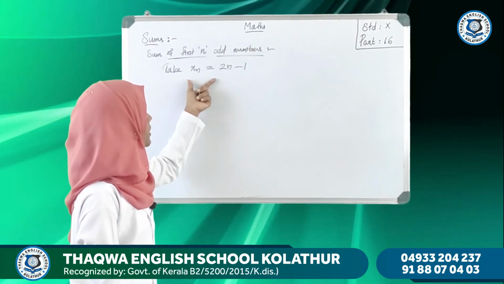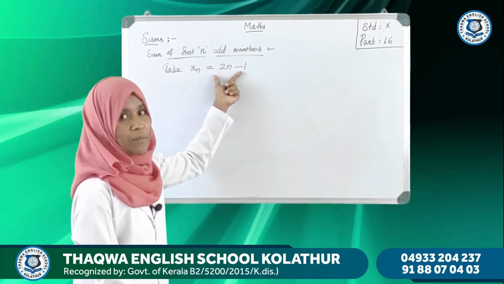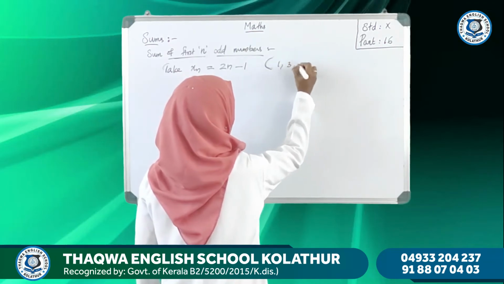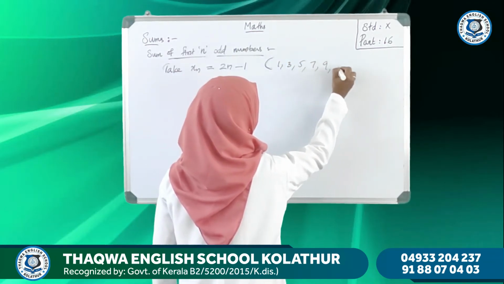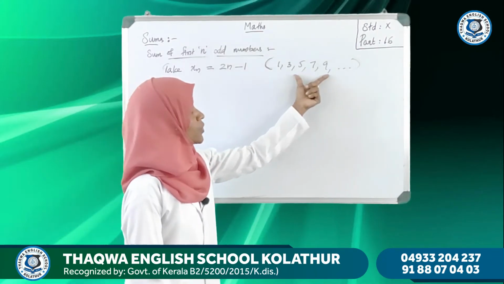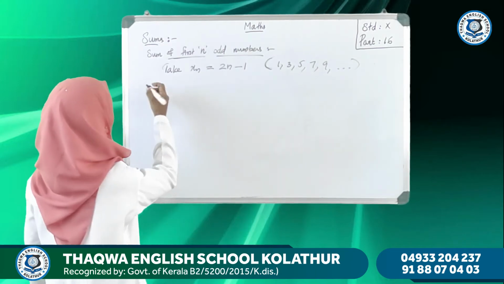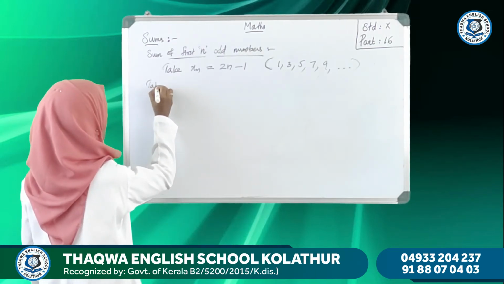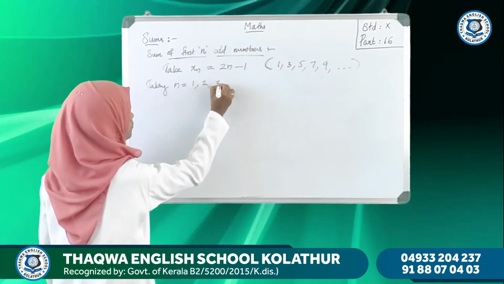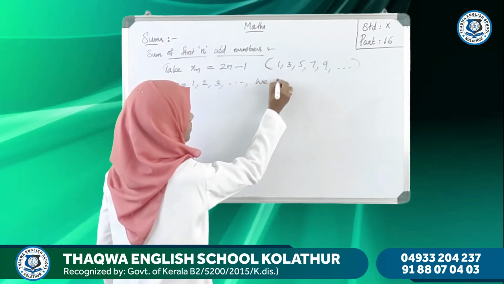The sequence of odd numbers is 1, 3, 5, 7, 9, etc. The nth term of the sequence is 2n minus 1. Now, taking n equals 1, 2, 3, etc.